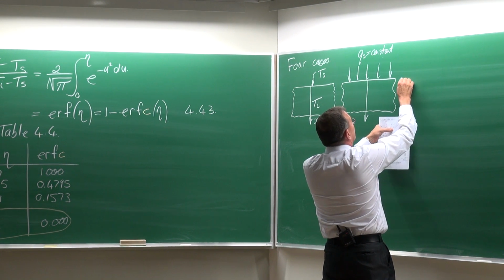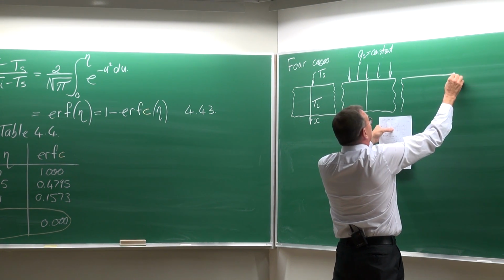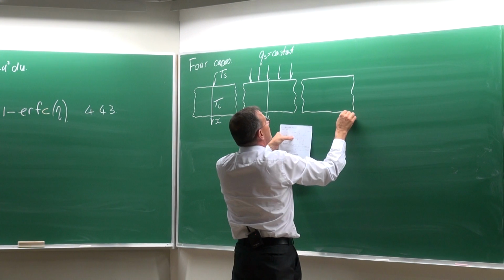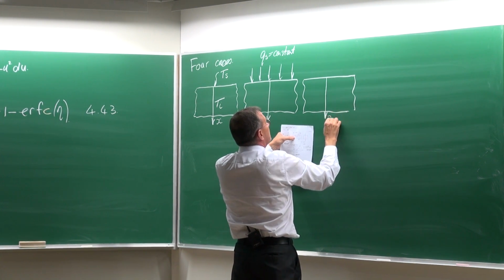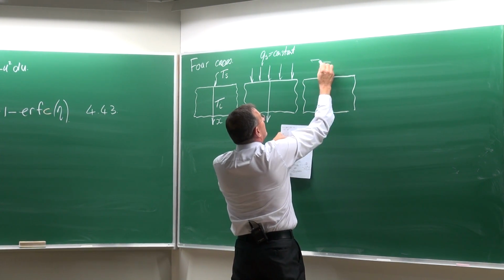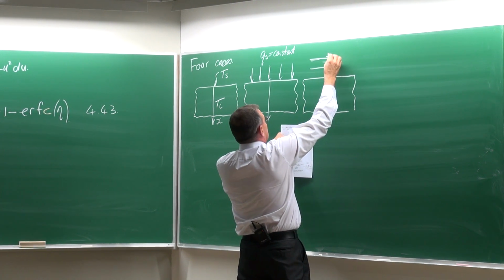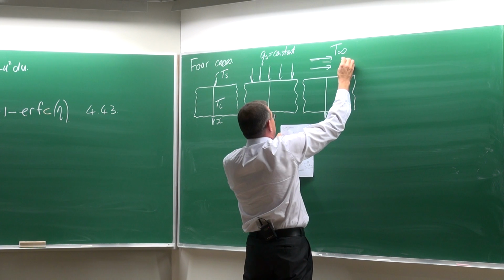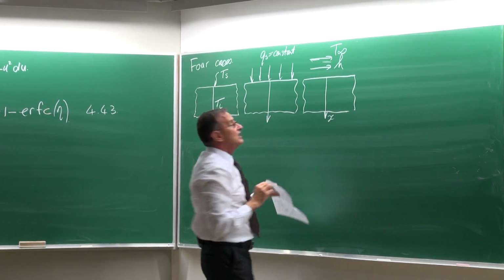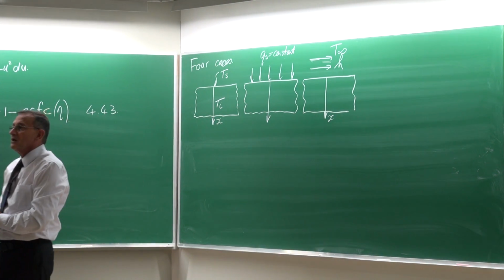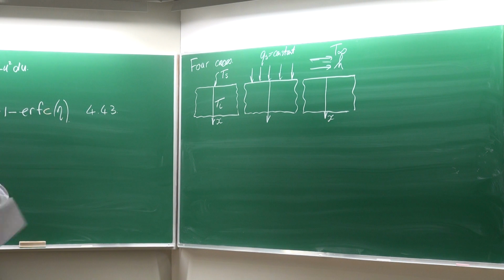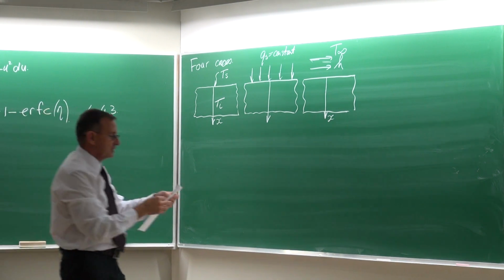The third type of case would be the case, again there is X, where over this flat surface there's a temperature T infinite with a certain heat transfer coefficient. So a forced convection type of boundary condition.